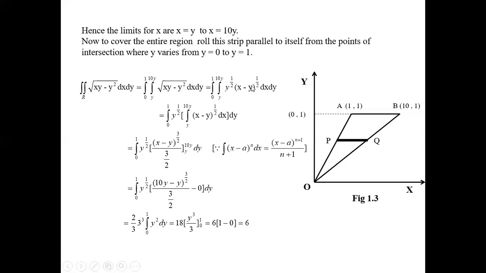So (x minus y) to the power 1 by 2 dx dy. Then this is integration from 0 to 1, y to the power 1 by 2, integral from y to 10y, (x minus y) to the power 1 by 2 dx and then dy. That means first you are integrating the inside integral with respect to x and then with respect to y. So therefore you get this value.